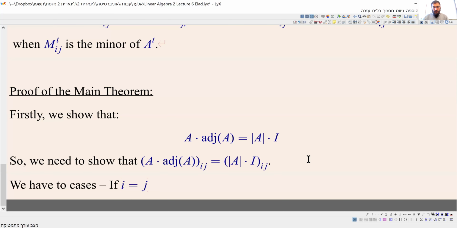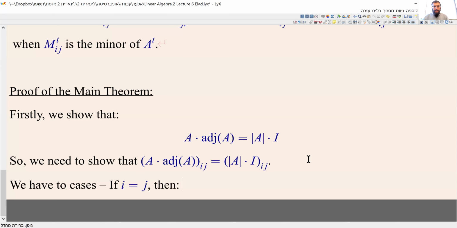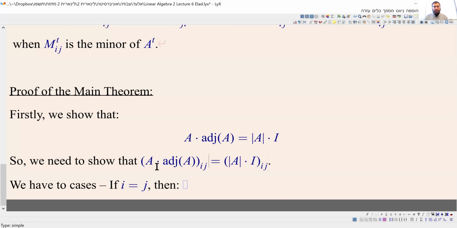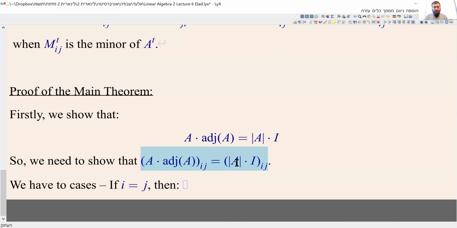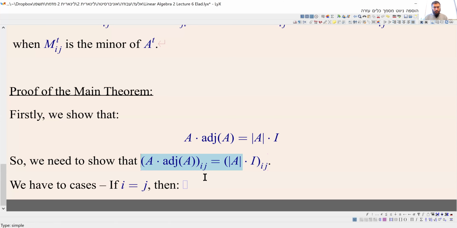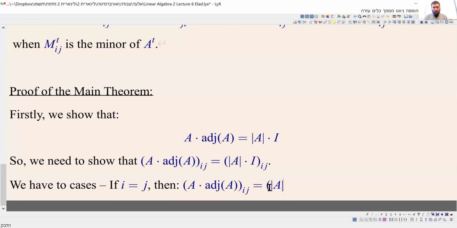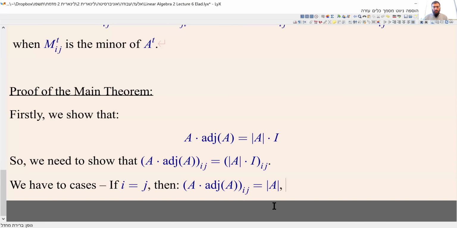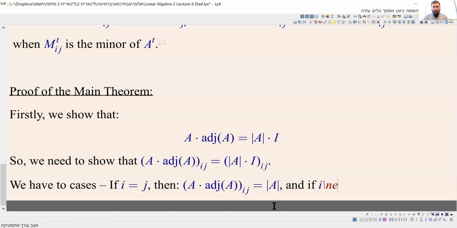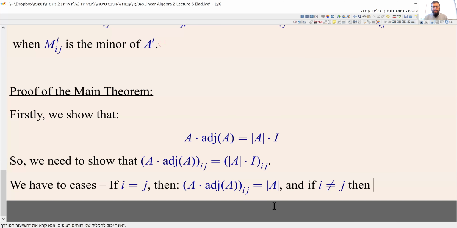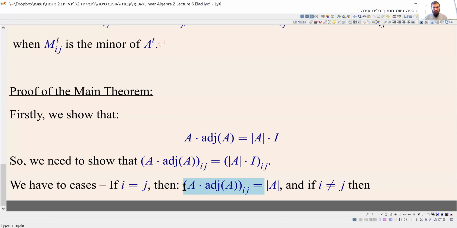If i is j, that's what we need to prove, then the element is the determinant of A. And if i is not j, then the element is just 0.